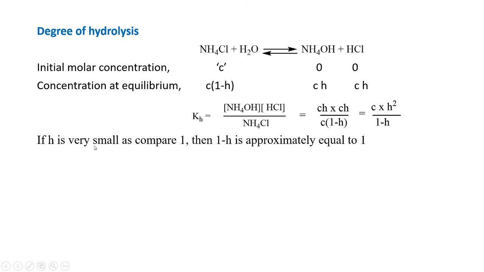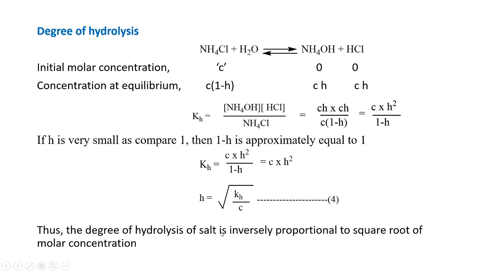When h is very small as compared to 1, then 1 minus h is approximately equal to 1. So we'll get Kh is equal to C into h squared. Then the degree of hydrolysis h is equal to square root of Kh upon C. So this is equation number 4.